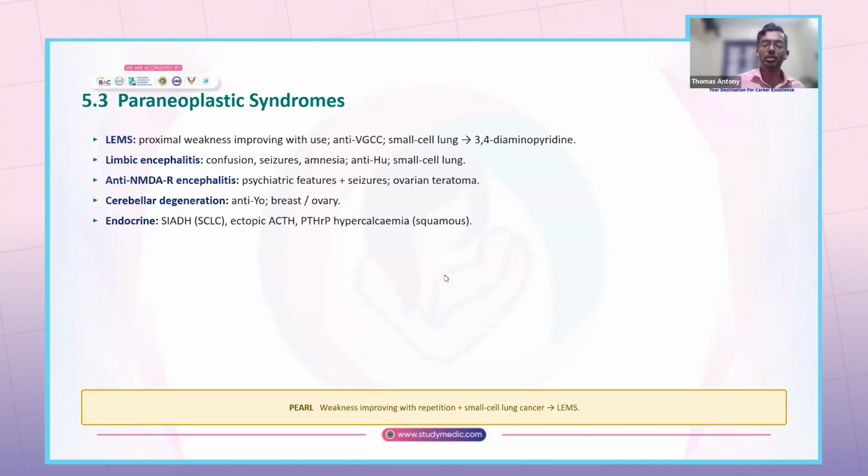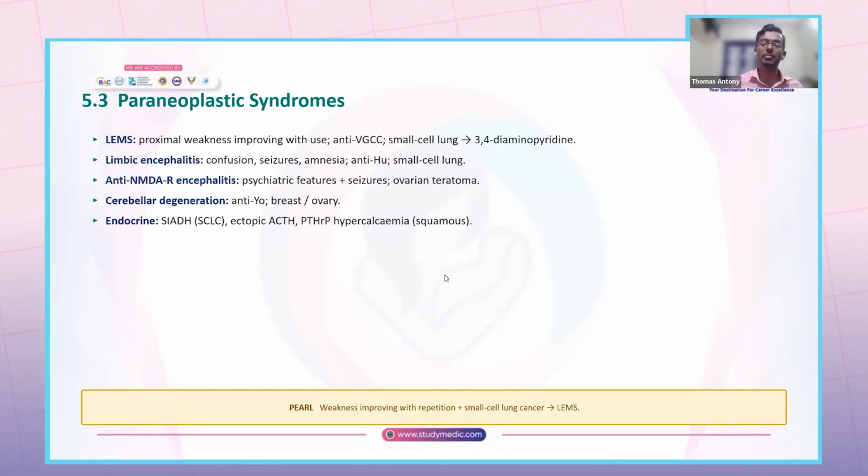So paraneoplastic syndromes. This is also an important topic. Lambert-Eaton myasthenic syndrome has proximal weakness improving with use. What happens here is the antibodies attack the VGCCs, that is voltage-gated calcium channels.